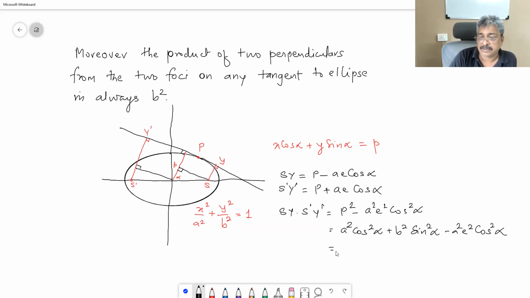Are you there? If you take out this common, it will be cos square alpha times (a square minus a square e square) plus b square sin square alpha, which is b square cos square alpha plus b square sin square alpha, equal to b square. Minimal calculations, and you end up getting the product of them equal to b square.